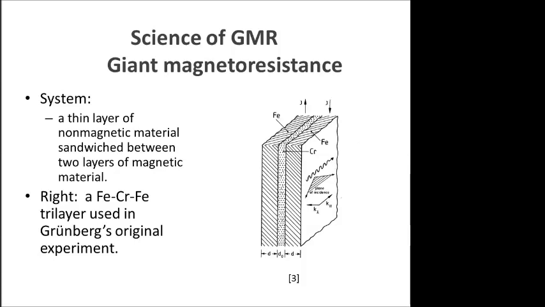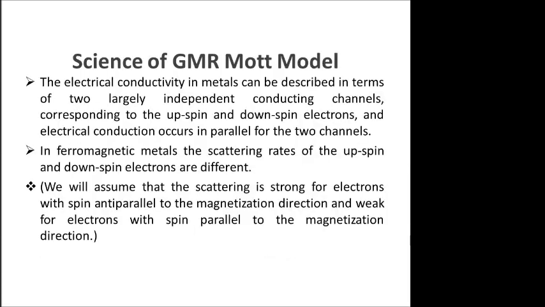An iron, chromium, iron trilayer was used in Grunberg's original experiment. In this experiment two iron layers with chromium in between were placed, and current was passed over this to see how the plane of incidence behaves. Based on the plane of incidence, the resistance is observed, which is called giant magnetoresistance.